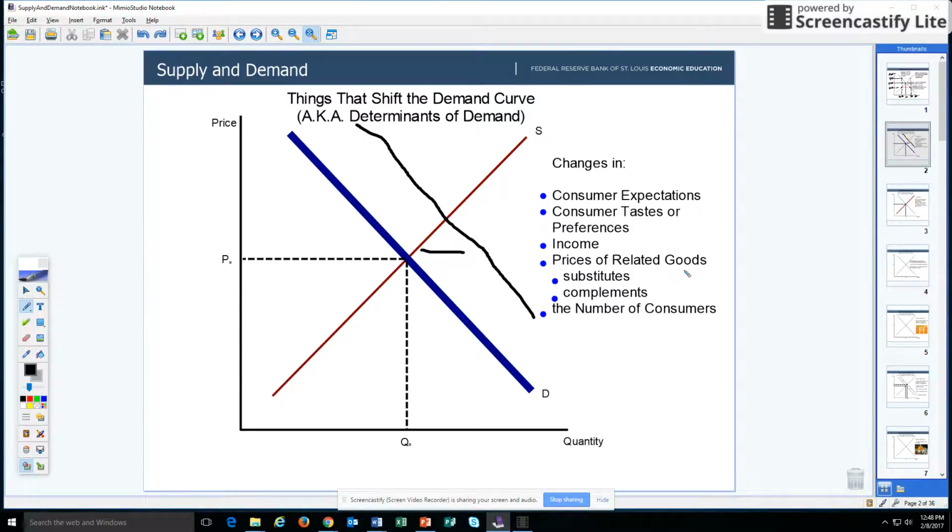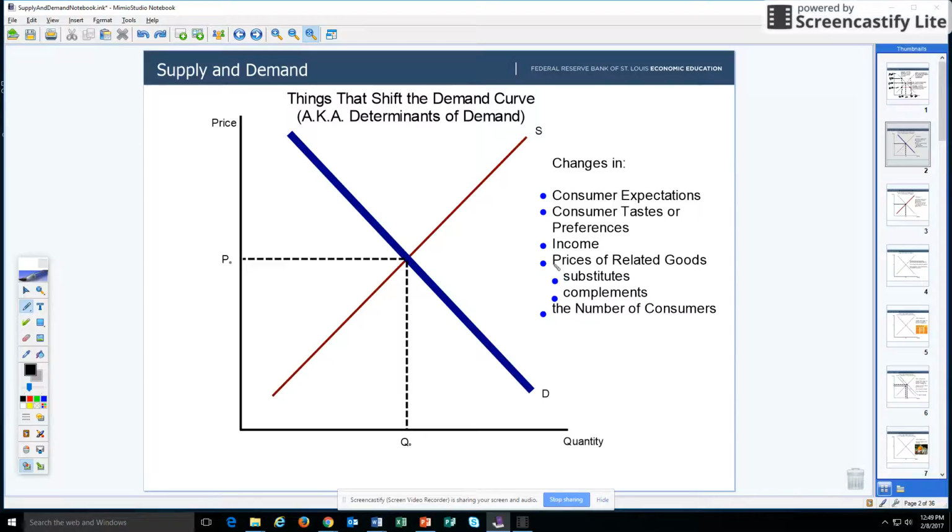Price of related goods. This is your substitutes and your complements. A substitute is something that you could buy instead. Your complement is something that you buy with it, like your Xbox and your Xbox games, or your printer and your printer ink. You can't use one without the other.